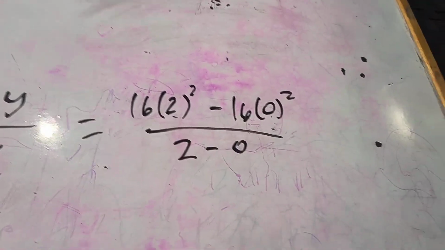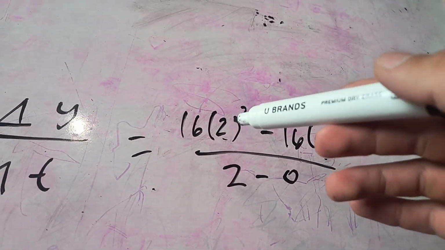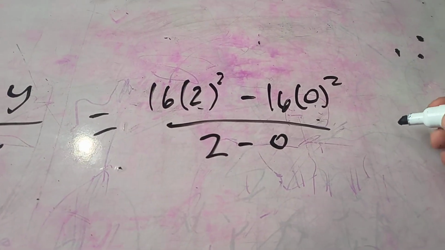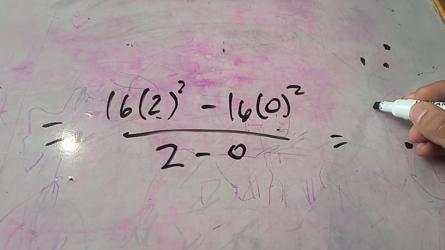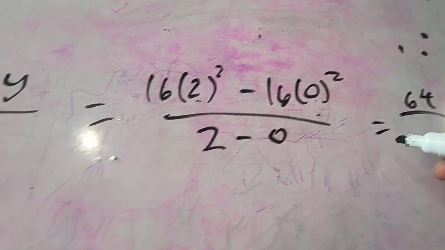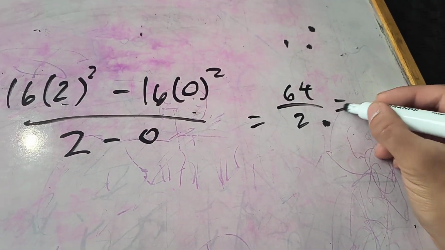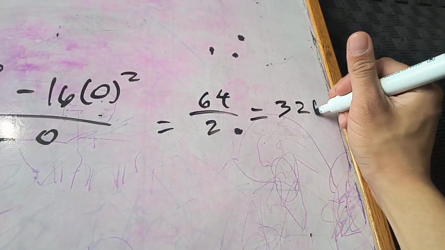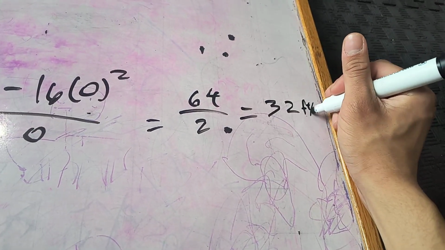So this would be 64 minus 0, which is 64, over 2 minus 0, which is 2, which equals 32. So 32, let's say feet a second.